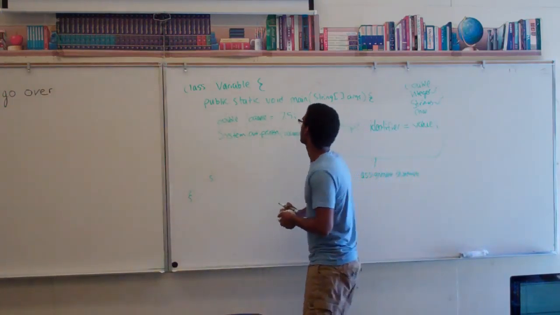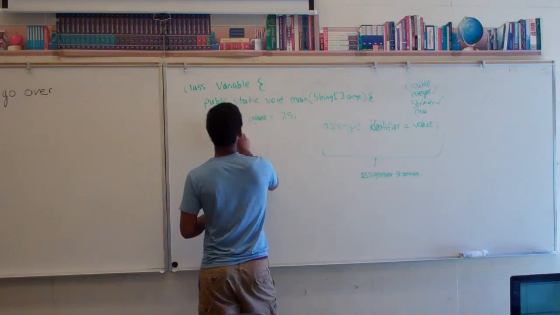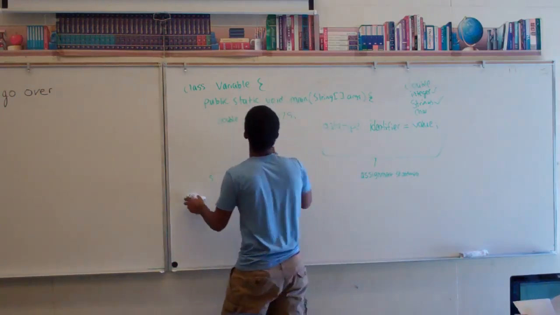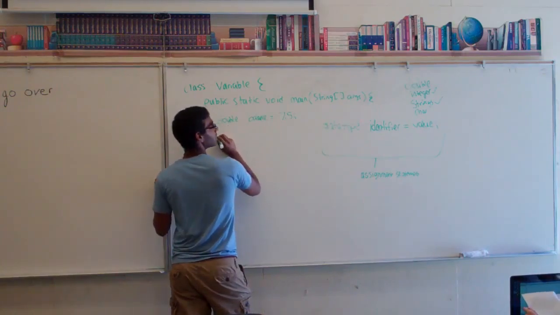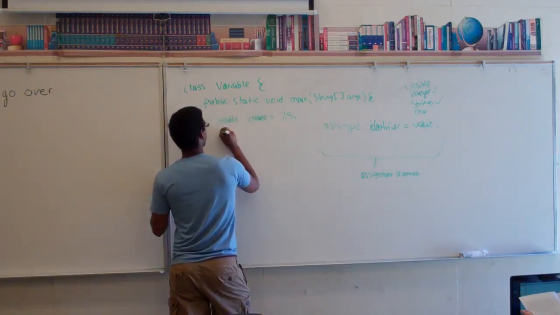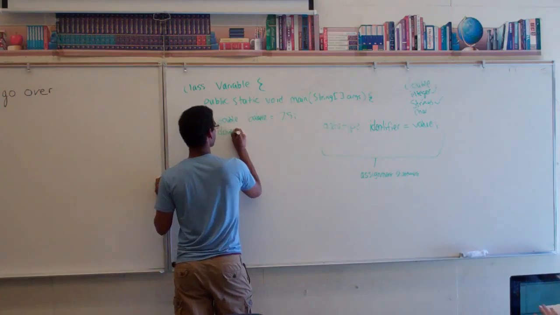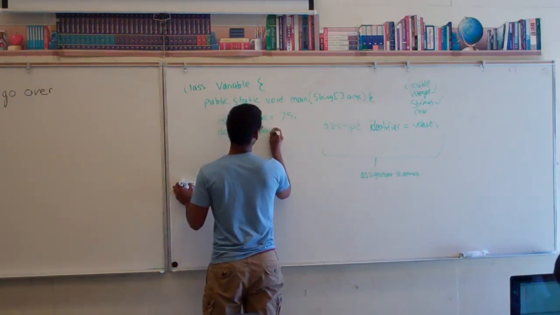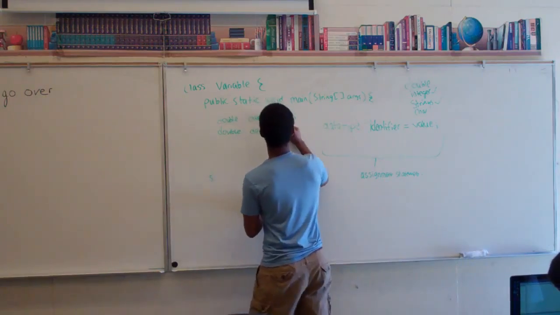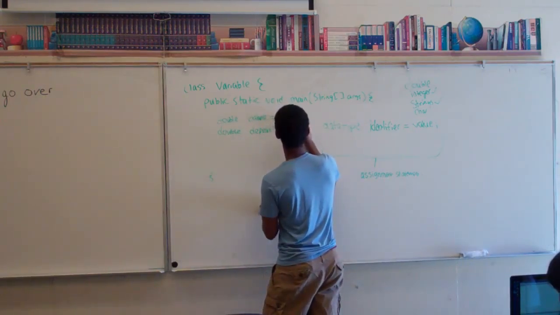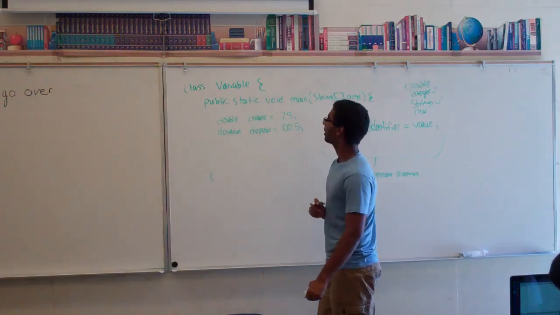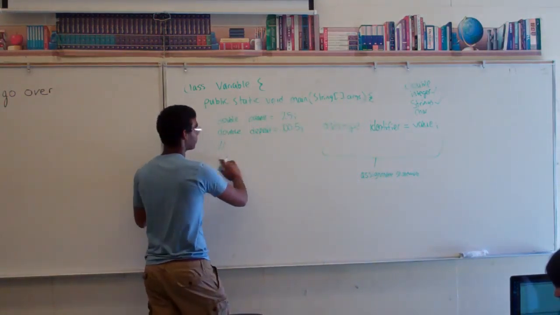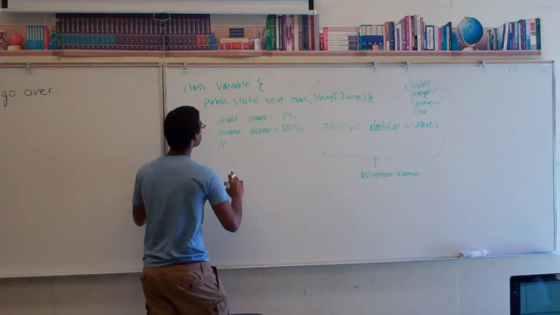Alright, so let's do an exercise. We can come around and check how you are doing on this one. We're going to have double balance equals 7.5 and double deposit is equal to 100.5. Now I'm going to insert a comment here. If I were to run this code, this comment wouldn't do anything, so this is just for instruction.